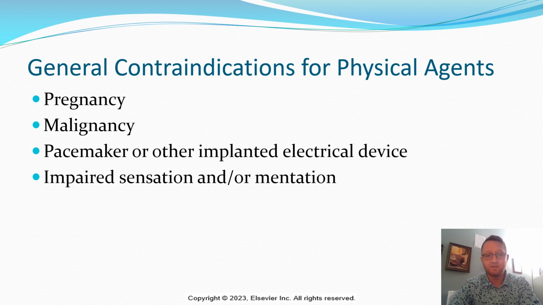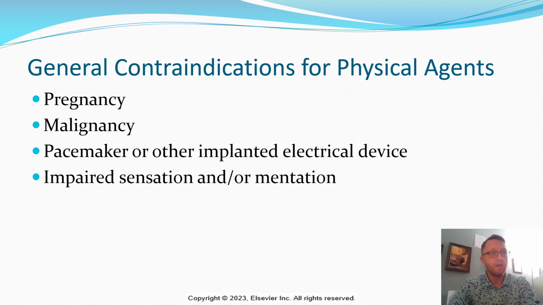And if you do see somebody that has malignancy or a past medical history of that, and you're thinking about applying the modality, you might want to go check back with your supervising PT. That would kind of be your gold standard on operations and procedures. So always refer back to your supervising PT if you're just unsure of the next steps to take in your treatment session.